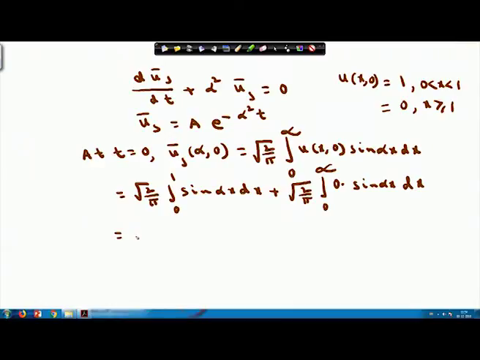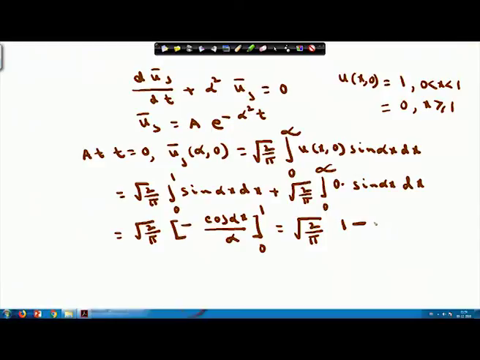The integration of this is root over 2 by pi into minus cos of alpha x by alpha, between 0 and 1. If I put in the values, I obtain root over 2 by pi into 1 minus cos alpha divided by alpha. So at t equals 0, I am obtaining u bar s equals this.